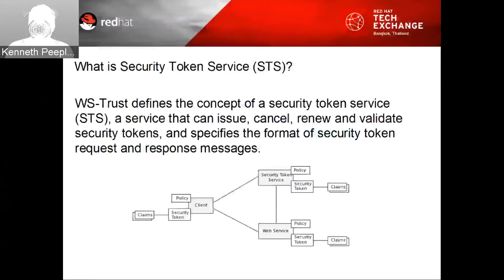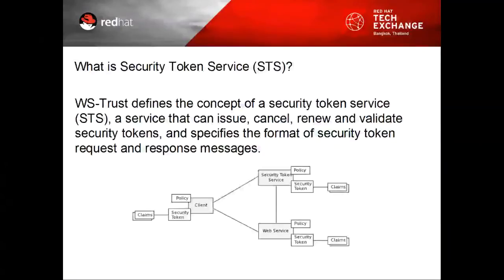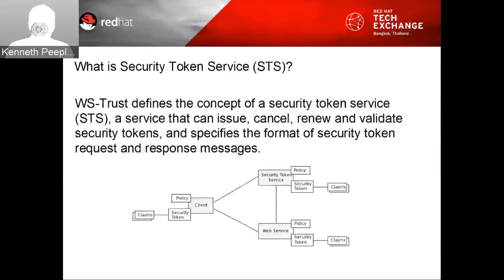The STS is a web service that handles these security tokens. And as you'll notice, this is a client calling a web service, communicating with the security token service so that the web service knows authentication has taken place through the token.